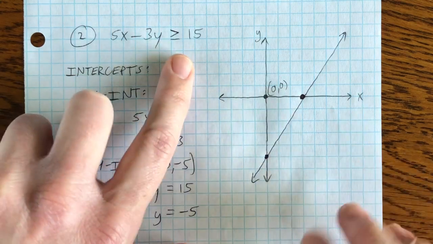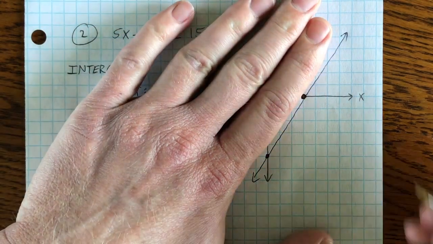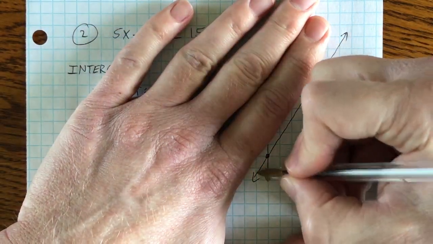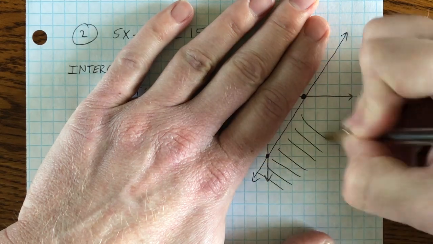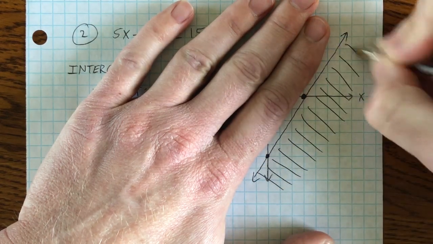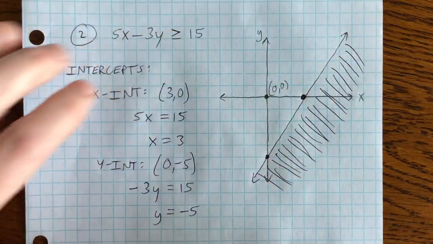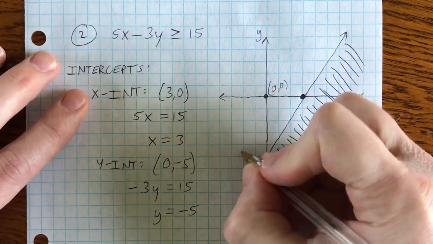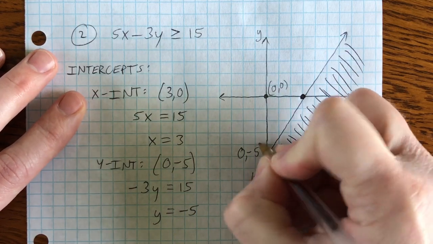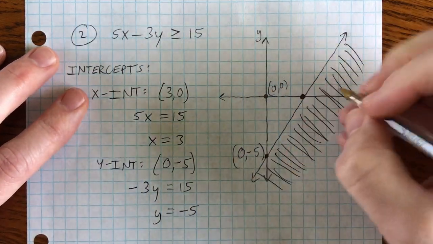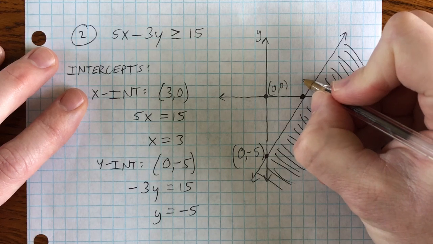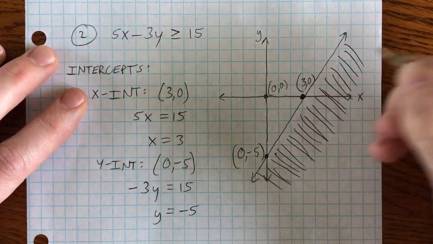No, it's false. So that means the entire region that does not contain 0, 0 will be shaded. Again, the shaded region represents the solution. And then it would probably be a good idea to put your ordered pairs here so we can clearly define what's going on. This point will be 3, 0.